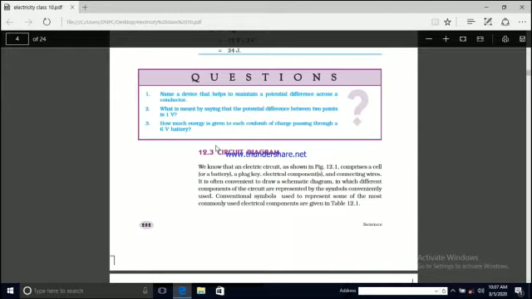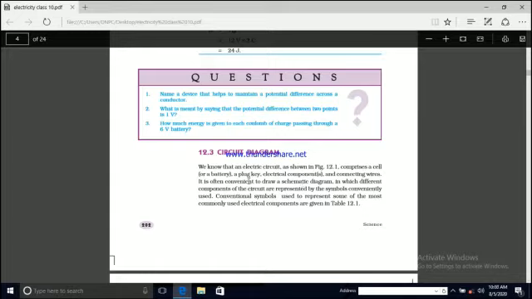Using these circuit symbols, how can we draw circuit diagrams? We know that an electric circuit comprises a cell, battery or plug key. These are the electrical components, and they are connected using connecting wires. It is often convenient to draw a schematic diagram in which different components of the circuit are represented by convenient symbols.